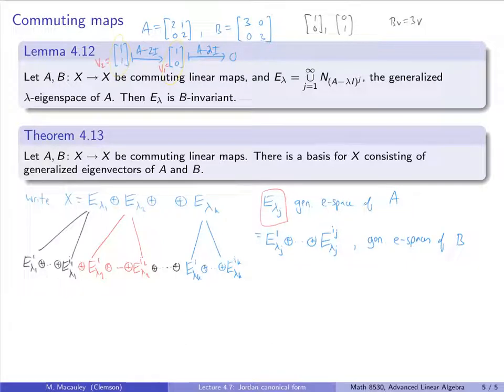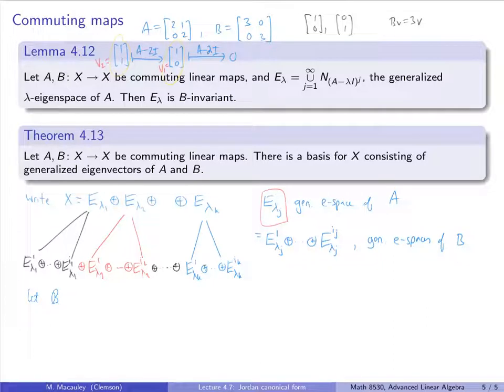And here it is. Let's take a basis for each of these and take a union of that, and there we have it by construction. So, if we want to write this up, notationally it's tricky, but it's not really hard.